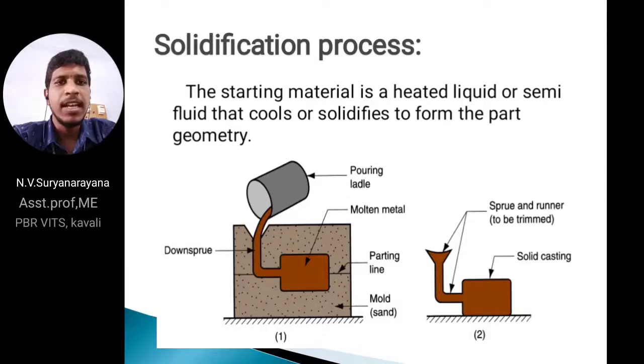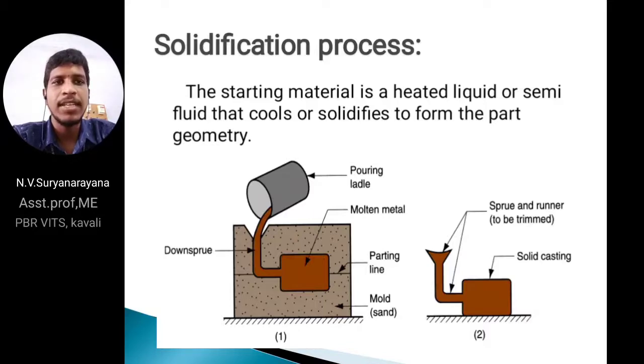In the first figure, I am showing the pouring ladle, which is used to pour the semi-fluid or semi-liquid into the pot. We are pouring the semi-fluid or liquid into the cavity.